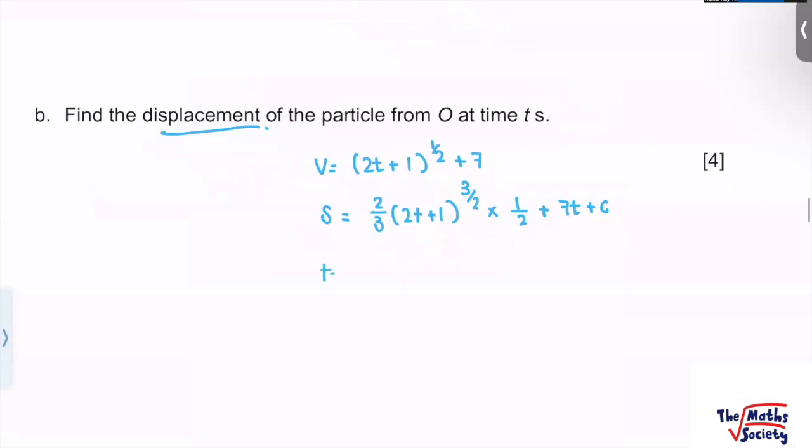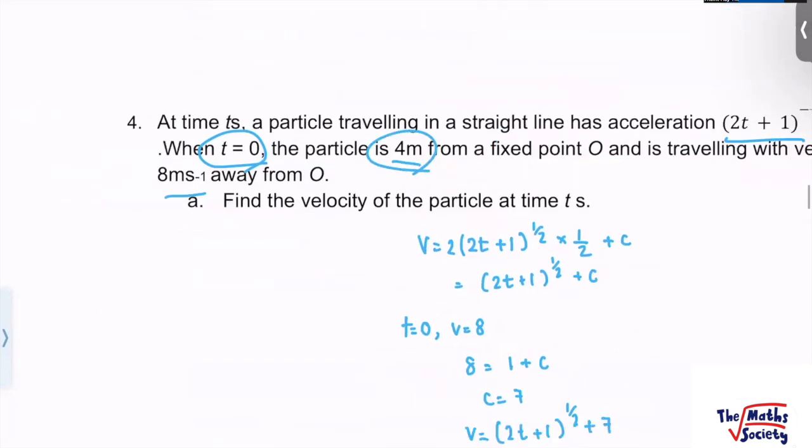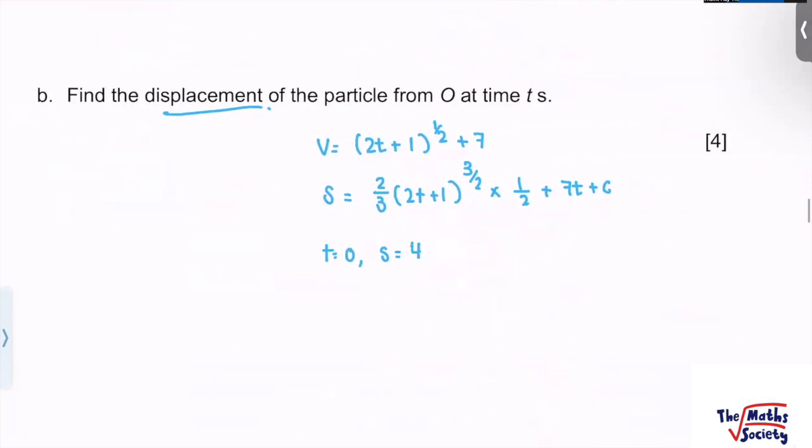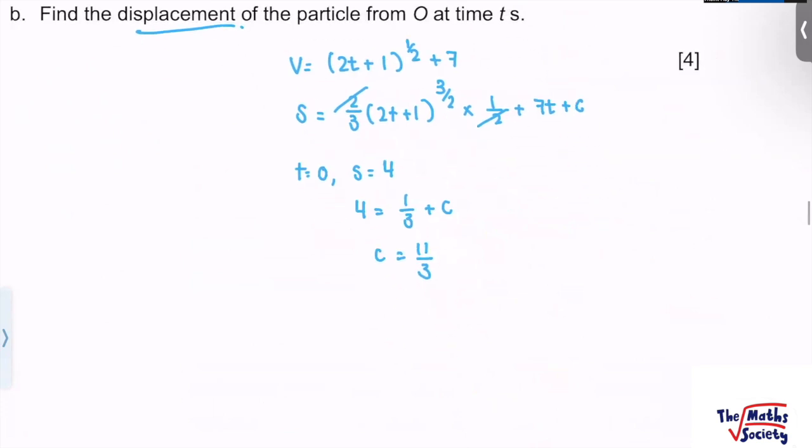So when t is equal to 0, s needs to be equal to 4. So 4 equals, if you put 0 in, we're just going to cancel out, so you have 1 over 3 plus c. c is going to equal 11 over 3. So then s is going to be equal to 1 over 3 (2t plus 1) to the power 3 over 2, plus 7t plus 11 over 3. And that is your displacement equation.